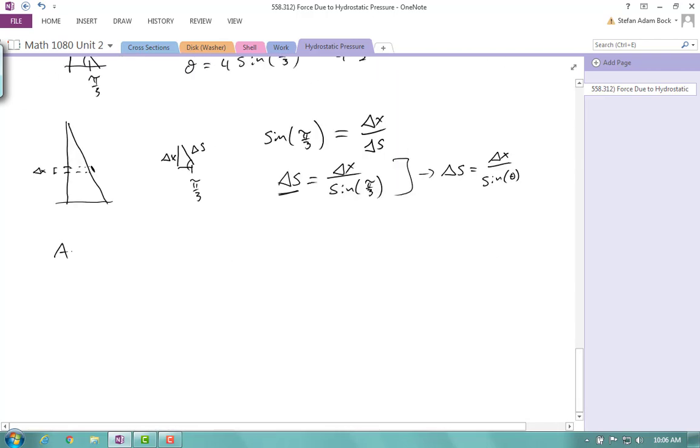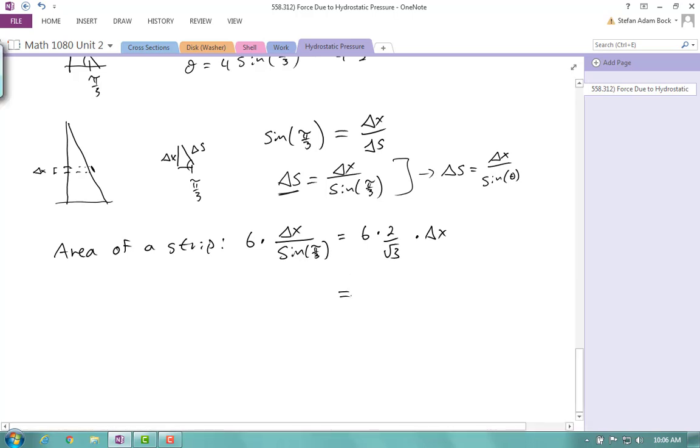So the area of a strip is going to be the width, which was 6, multiplied by the height, which is the delta s, which is delta x divided by sine of pi over 3. I should probably evaluate that. So this is 6 times 2 over root 3, because that's 1 over sine, times delta x.